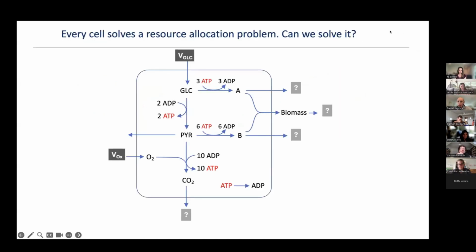So this is how I illustrate the model, and it's again a problem of resource allocation. And what I find fascinating, right? Every single cell solves this problem all the time, constantly, nonstop.